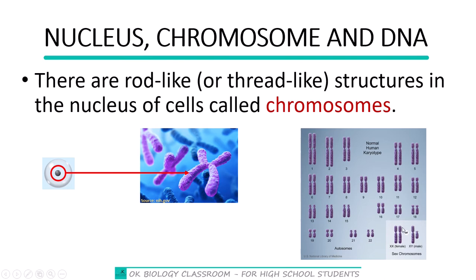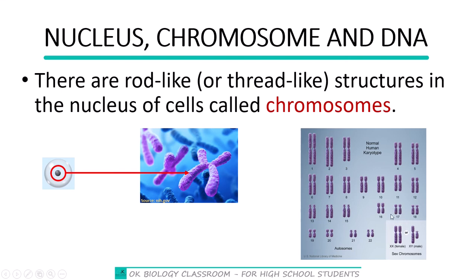So when we add the female 23rd pair to the 22 pairs we have here, it would give us the total 46 chromosomes that we're supposed to get, because there are going to be 23 pairs in all. Assuming we had to add the male pair instead, if we add this male pair to the 22 pairs, it means we are going to get the 23 pairs and 46 in all.